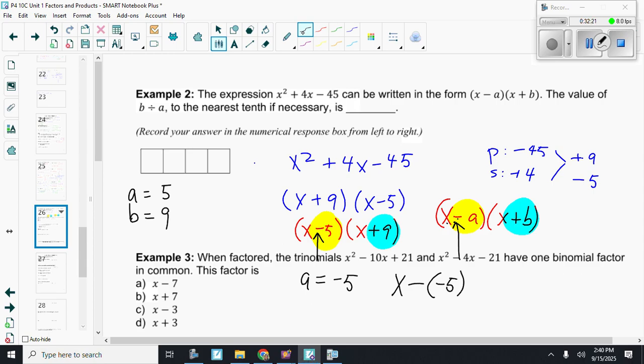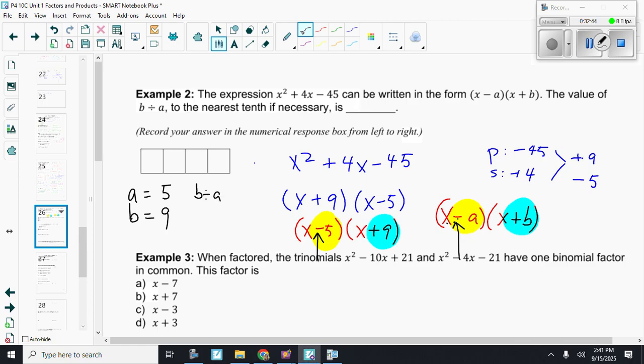If I substituted a is equal to negative 5 in here, the signs just switch. So when the form gives you a negative, just know that they've taken care of it. And the final question is they want you to go b divided by a.